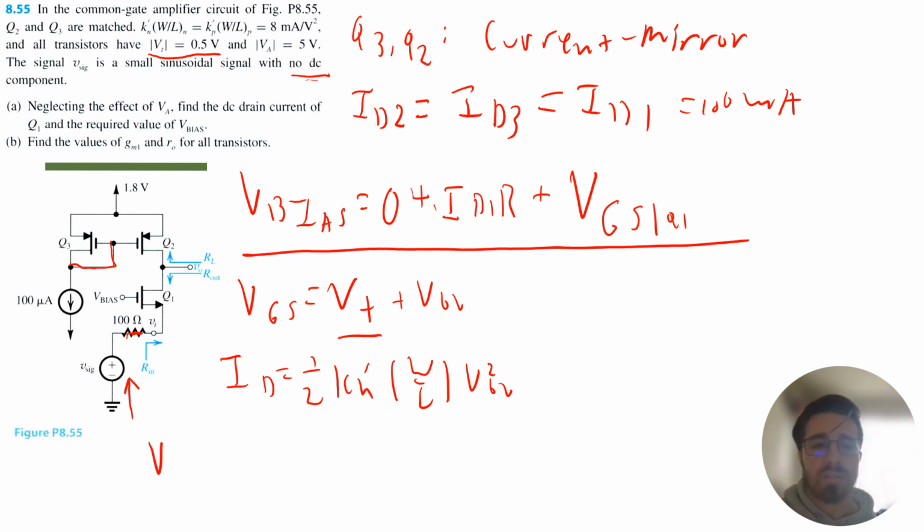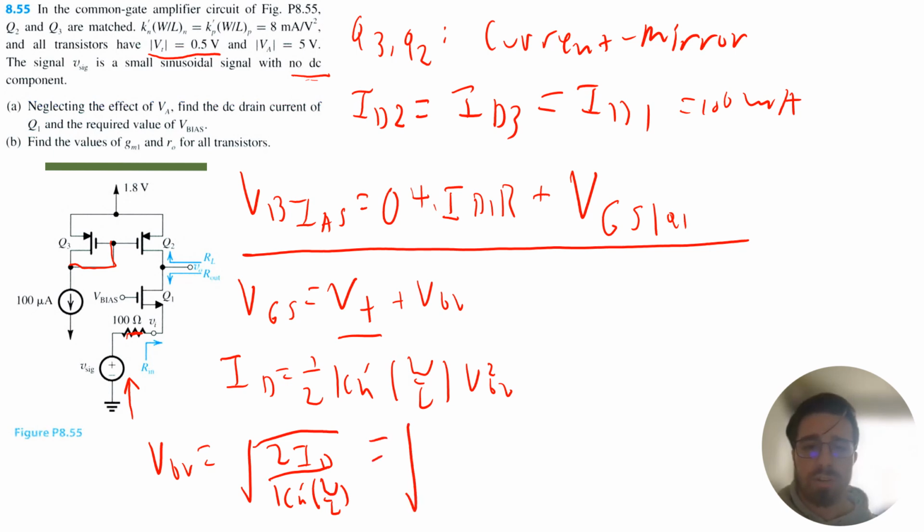So we will say that V overdrive is equal to the square root of 2 times the drain current divided by Kn prime times W over L. And that's going to be, if we plug in the terms, 2 times 100 microamps divided by 8 milliamp per volt squared.